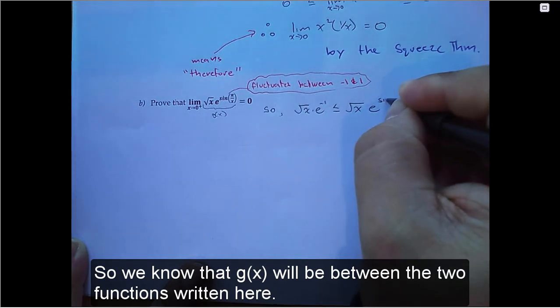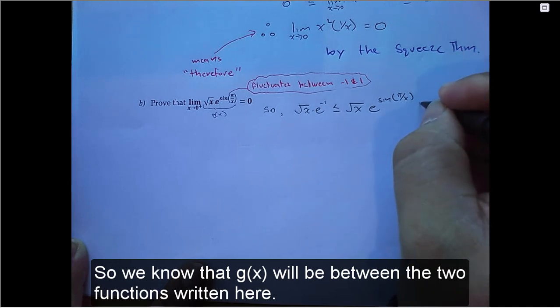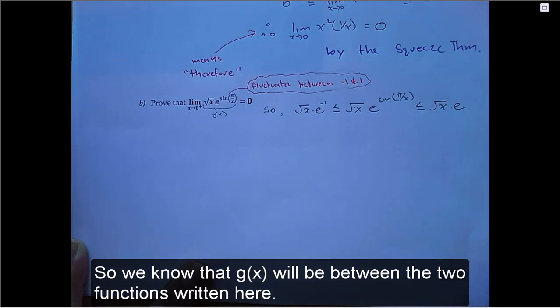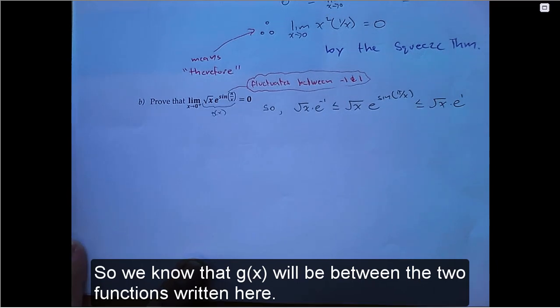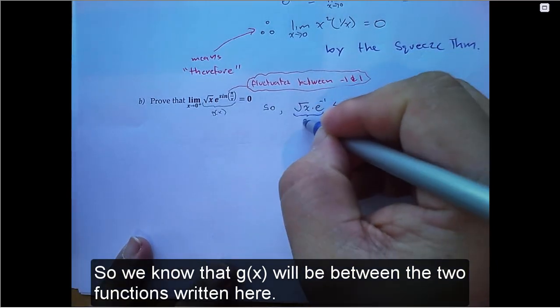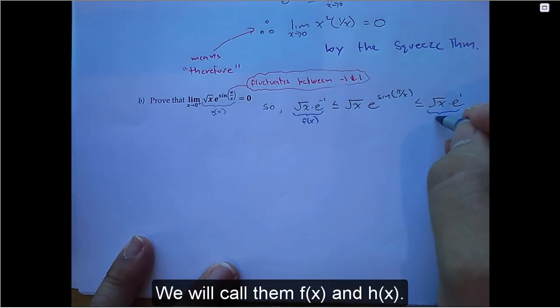So we know that g of x will be between the two functions written here. We will call them f of x and h of x.